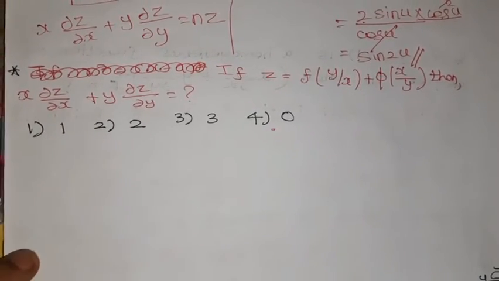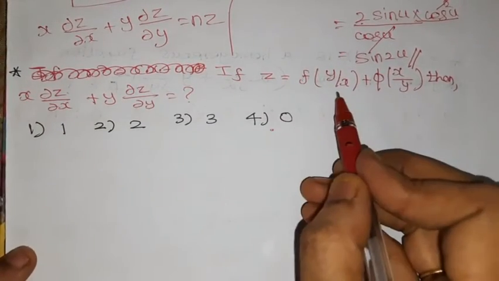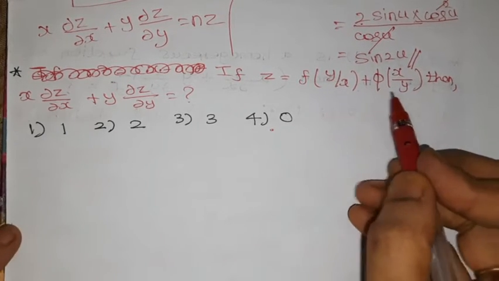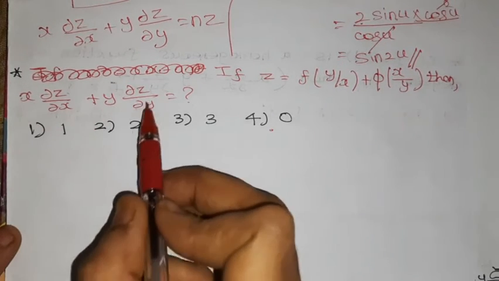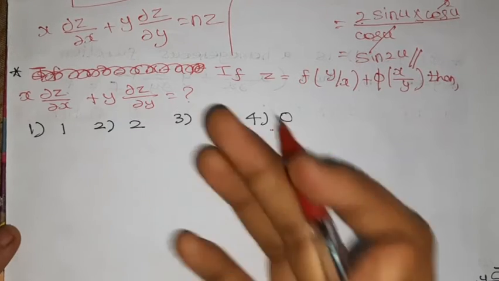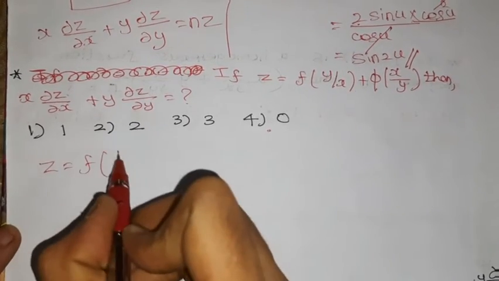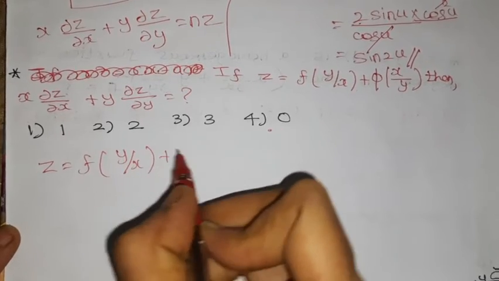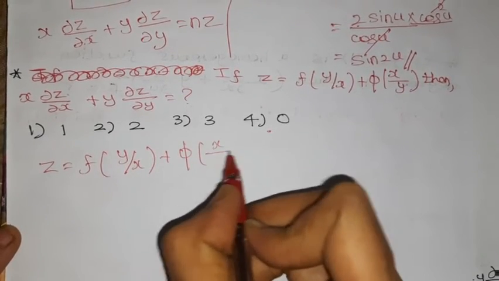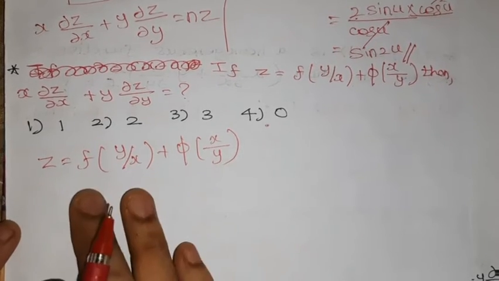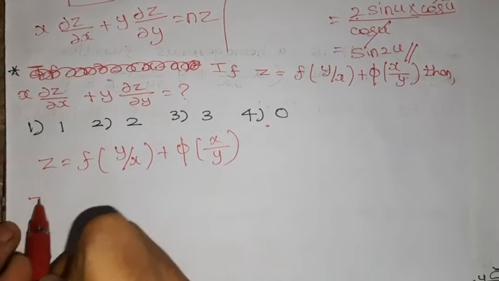Then what is given? If z equal to function of y by x plus function of x by y, then we need to find out x ∂z/∂x plus y ∂z/∂y. So what is given? First, what we need to do? We need to check the homogeneity of the given function.